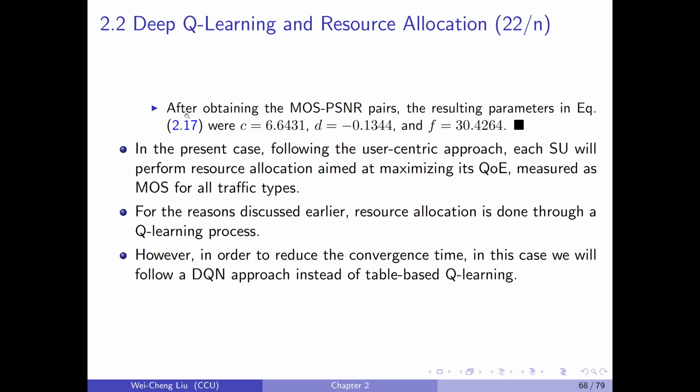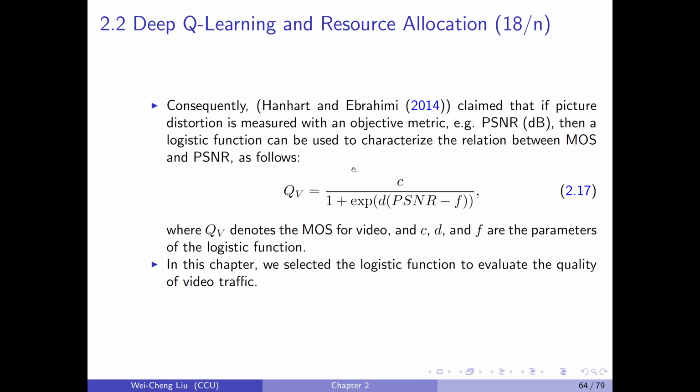After obtaining the MOS PSNR pairs, the resulting parameters in equation 2.17. Let us go to equation 2.17. This equation, I have introduced it to you several minutes ago.